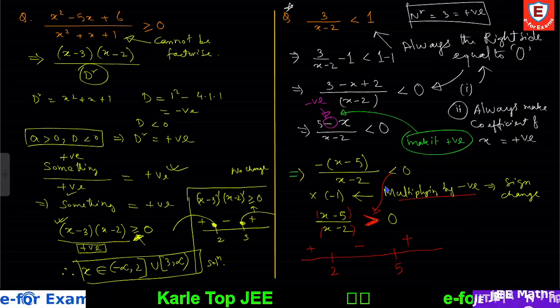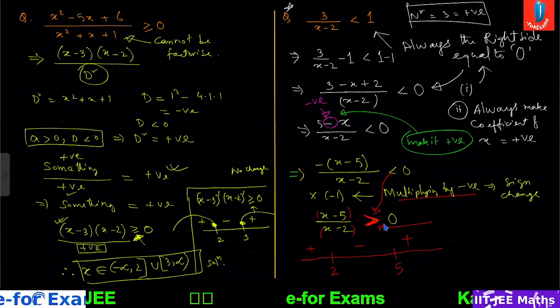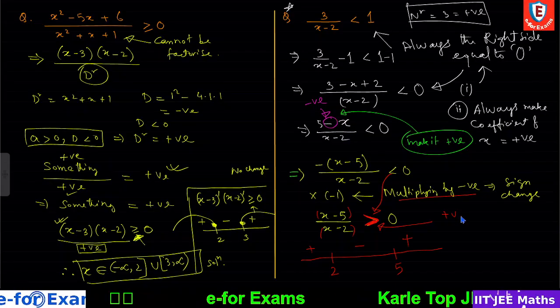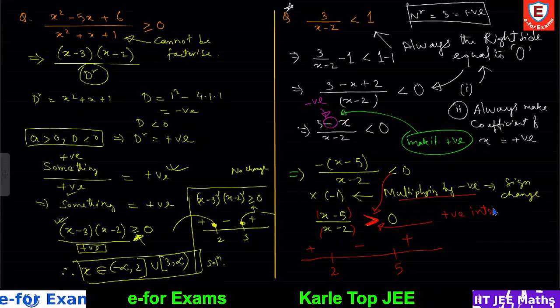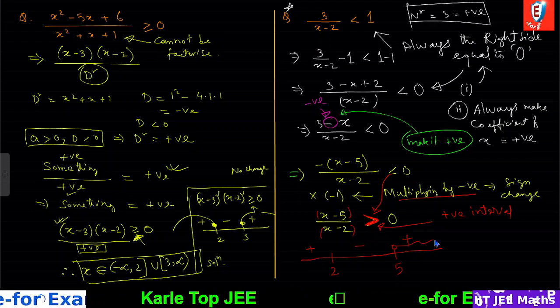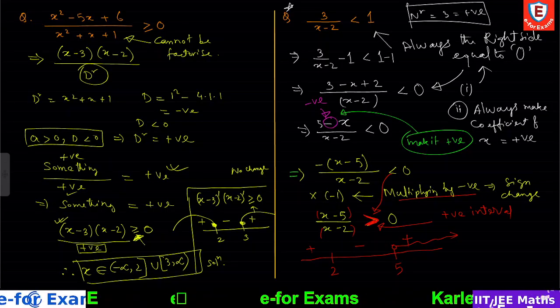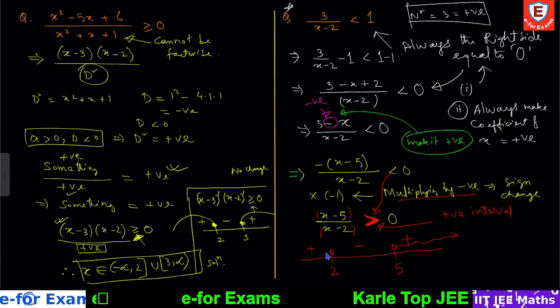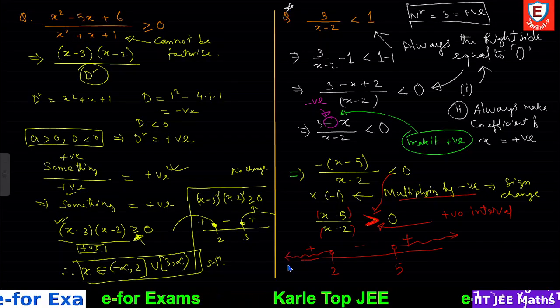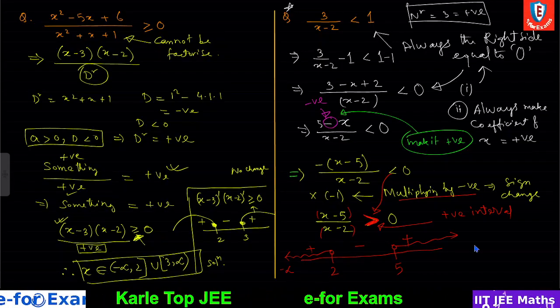Now it is greater than 0, right? Greater than 0 means positive intervals. Positive intervals means here hollow circle 5 up to infinity, and 2 towards the left, so minus infinity to 2.